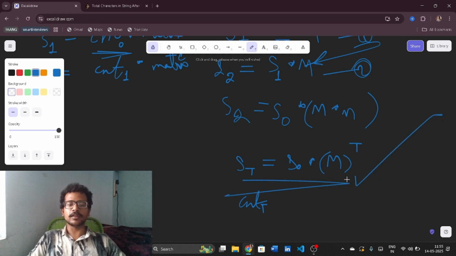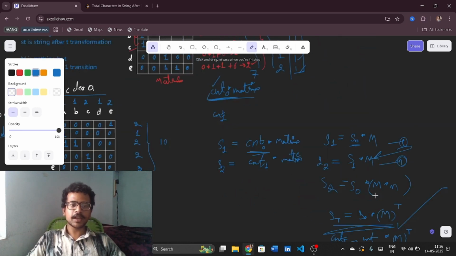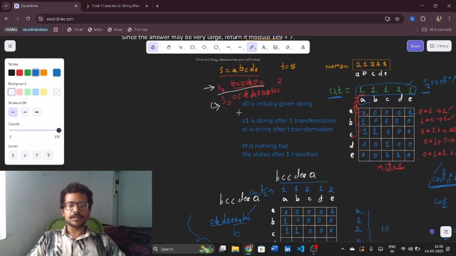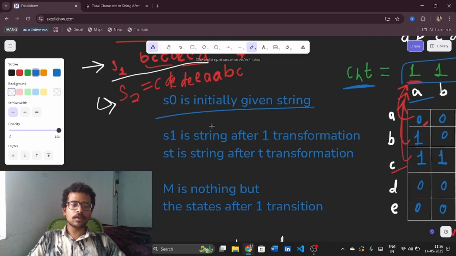If you got this, then this is not even such a hard problem. You can also write it as count of t is equal to count of 0 into matrix to the power t. You know that matrix I have already initialized. S of 0 is initially the given string, and count of 0 is the initially given frequency.